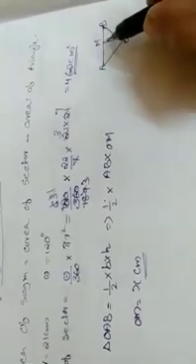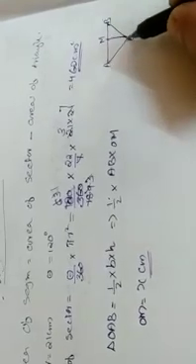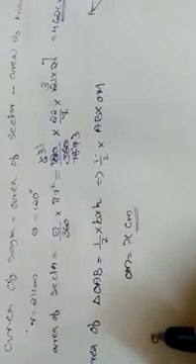OM by OA, that is adjacent side divided by hypotenuse, we will discuss clearly in our trigonometry chapter, is equal to cos 60 degree. Here the angle is 60 degree, so adjacent side divided by hypotenuse is equal to cos 60 degree.